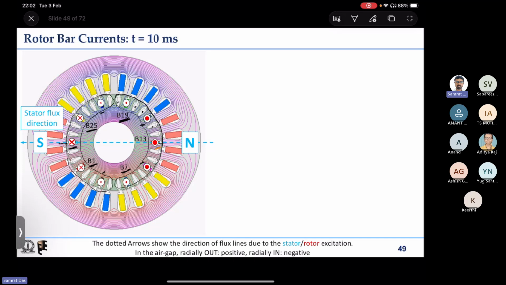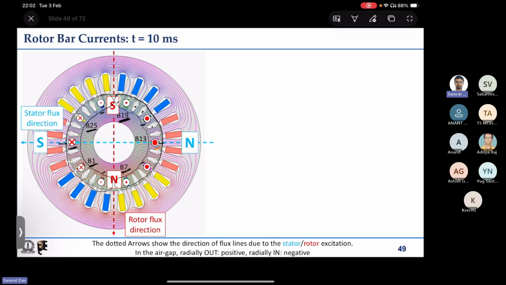If this is the current distribution, what can we tell about the rotor magnetic field? We can simply use our right hand rule and see that it will be in the downward direction, because the left hand side is cross and the right hand side is dot. Applying the right hand rule, the thumb will point downward.